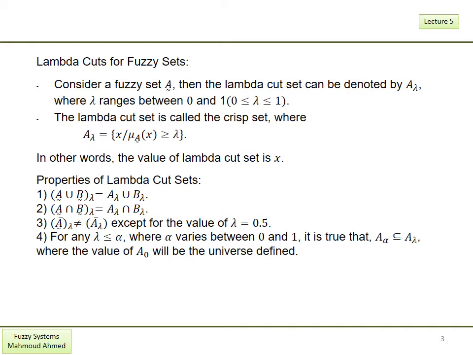This holds only for the value of lambda equals 0.5. For any lambda smaller than or equal to alpha, such that alpha varies between 0 and 1, the classical set A of alpha is a subset or equal to A of lambda, where the value of A0 will be the universe defined.